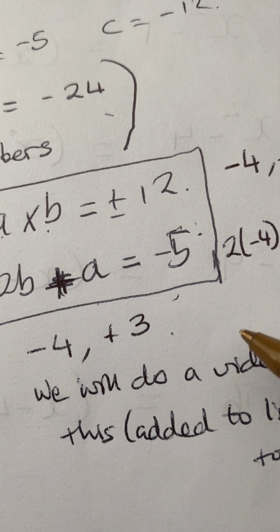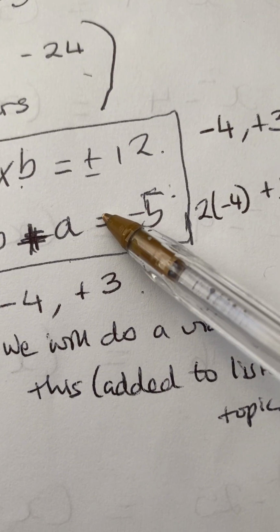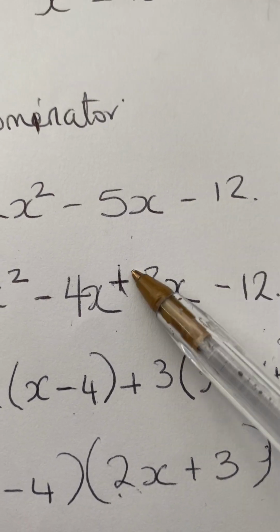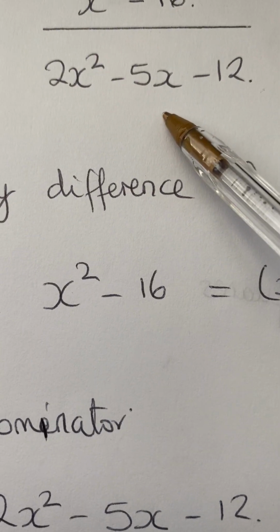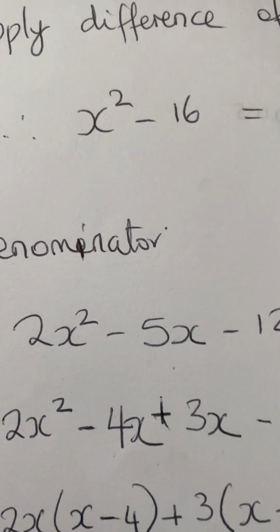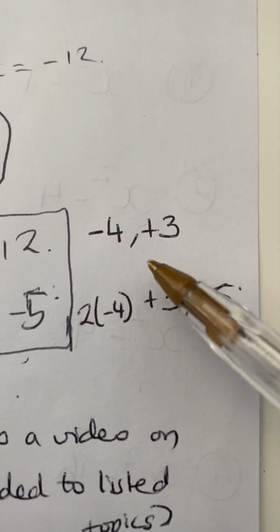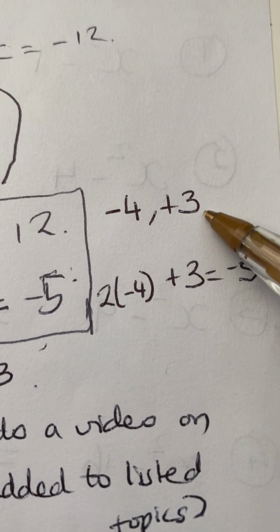I've told you once, but I'm going to do a video on this. Okay, or you can use the quadratic rule to break it down. But if you look at it, you can break it down straight away by looking for those two numbers. So here my two numbers are minus 4 and plus 3.